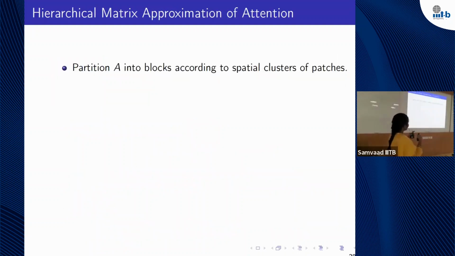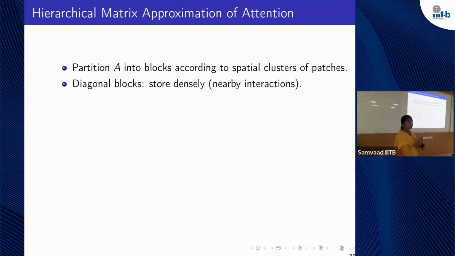So when you write down the A matrix, you see that the diagonal blocks are dense blocks because they are the self interactions, and the off diagonal blocks are the far away interactions and they interact very weakly or they can be low rank approximated. So again we have the same kind of structure which we have seen earlier, that is the diagonal blocks are full rank and the off diagonal blocks are low rank.